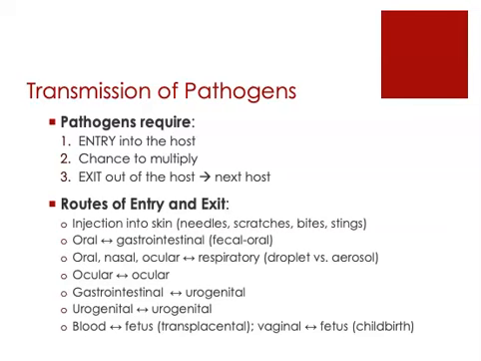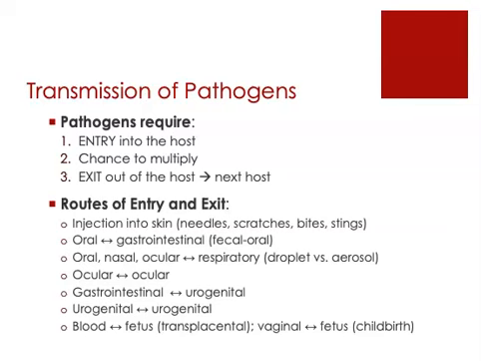Tiny traces of fecal material and the pathogen are then on their hands, and they then transmit the pathogen by touching things with their contaminated hands. So the next person who comes in contact with that contaminated hand or the surface that that hand has touched is going to pick up the pathogen on their hands and then introduce it to their own mouth just by touching their mouth.